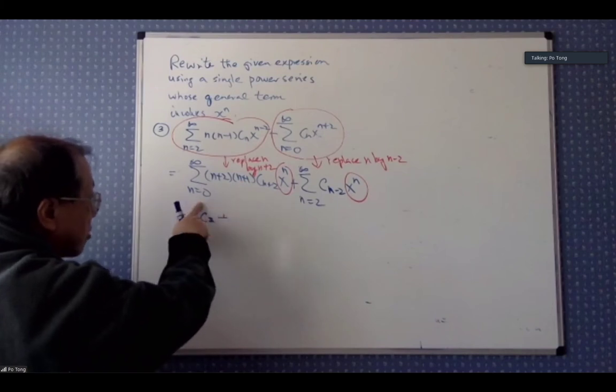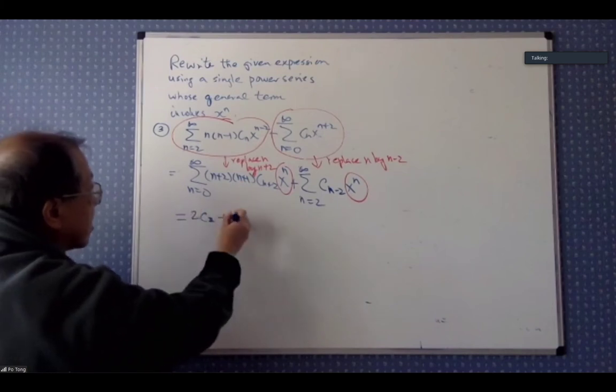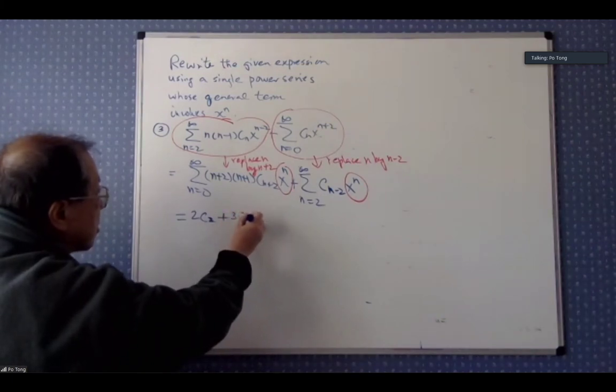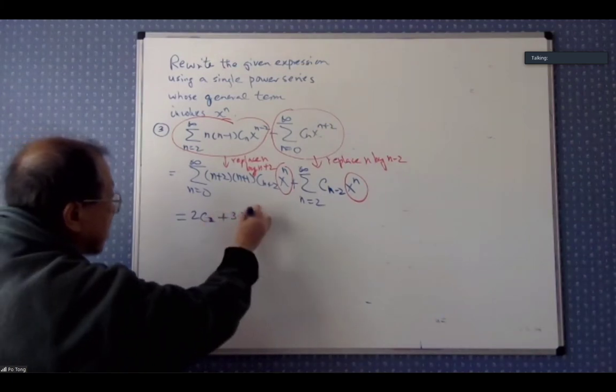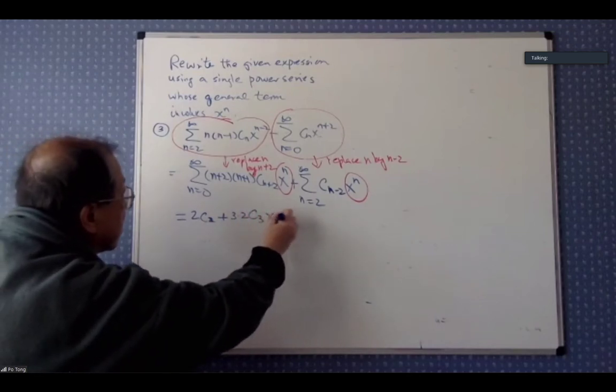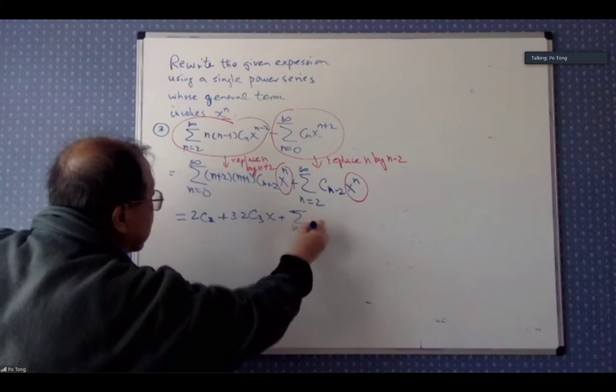Plus when n equal to 1, it's going to be 3 times 2C3 x. Now it's 2 to infinity.